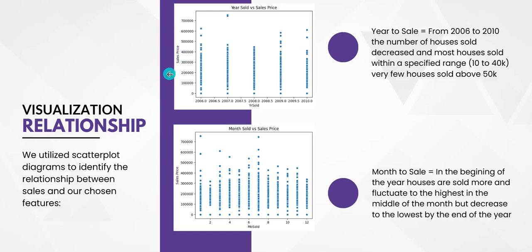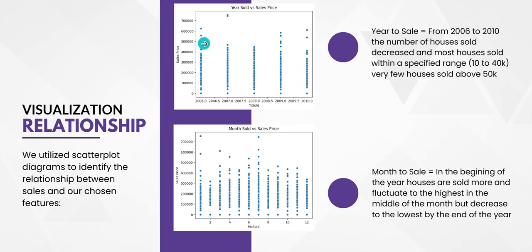Now, I created some scatterplot diagrams to show us the relationship between the sale price and each feature itself. Like, for example, in the year sold, we can see that from 2006 to 2010, the house prices decreased, right? Here the range was higher, here it became lower.